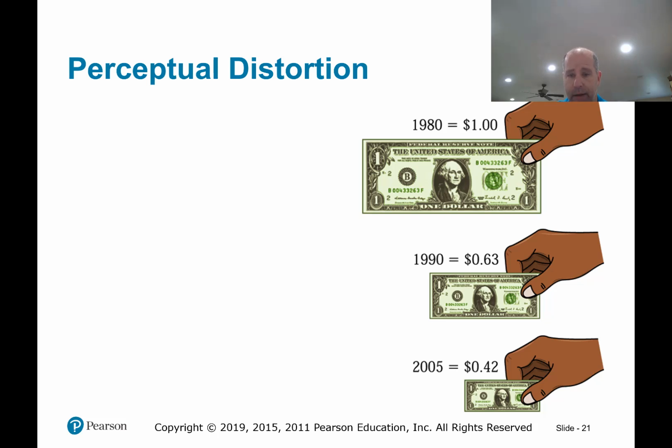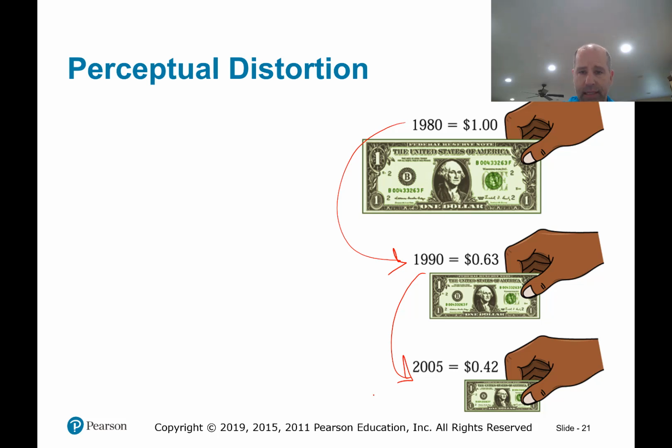This is a pictograph, right? It's showing the decline of the buying power of the dollar over time, 1980 to 1990 to 2000. The years are not equally spaced: here you go 10 years, and then here you go 15 years.